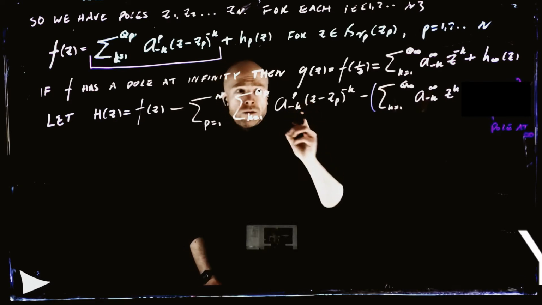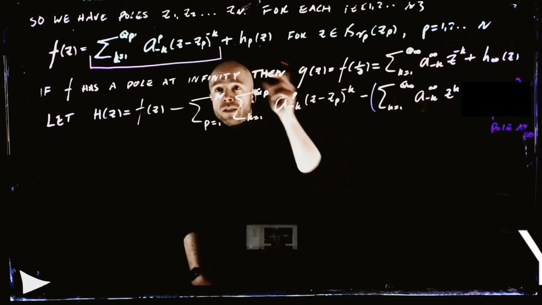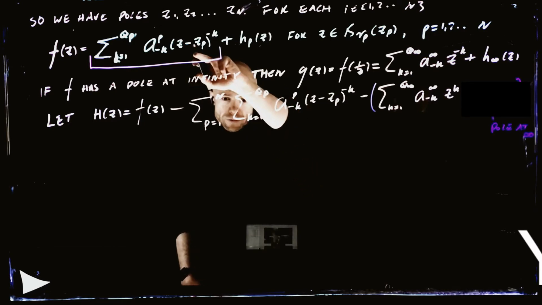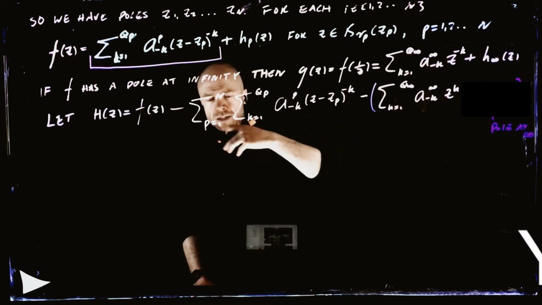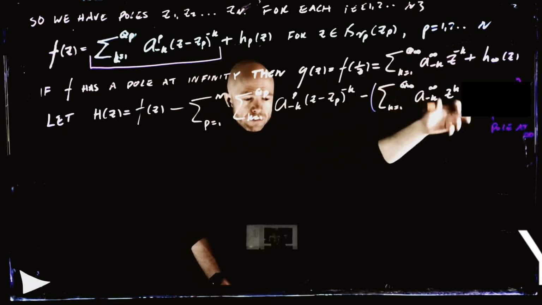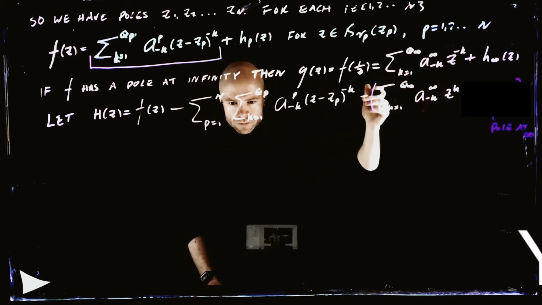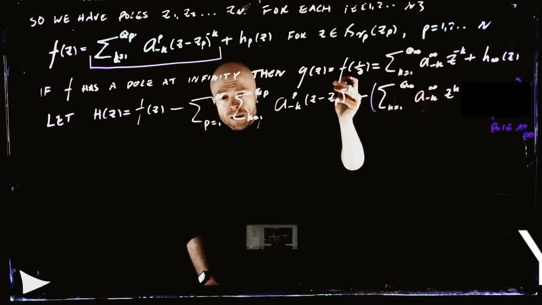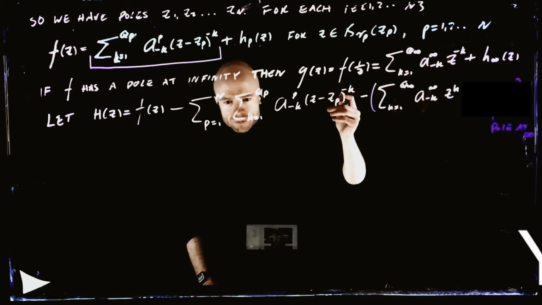So locally around any z_p, there isn't actually any singularity because we've taken it away. Look at this. Yeah? So locally around every single z_p, there is no singularity anymore. And whatever we've done at some z_p is not affecting what's happening at some other z_p tilde, because this stuff is perfectly fine at z_p tilde. Yeah? You see what I mean?